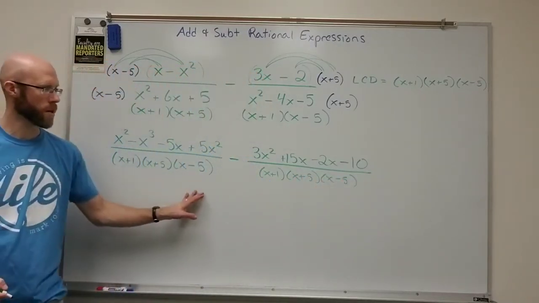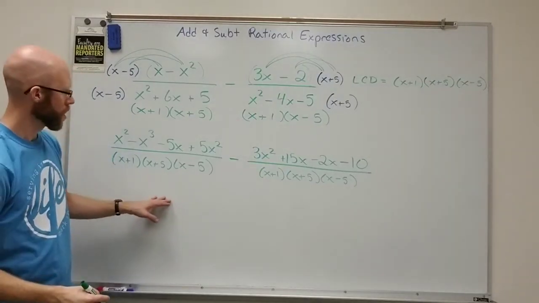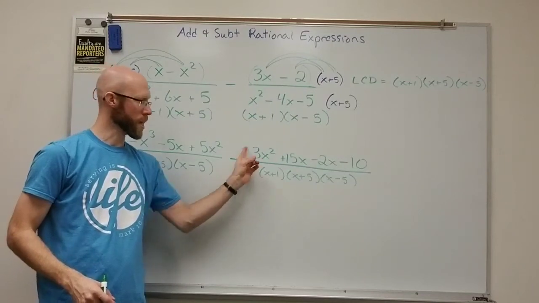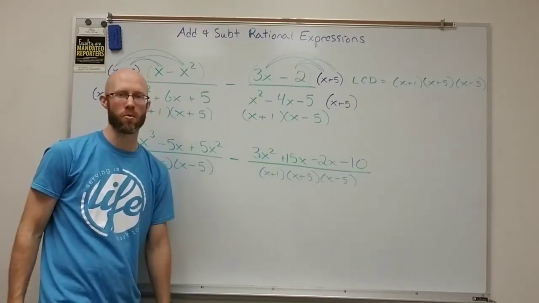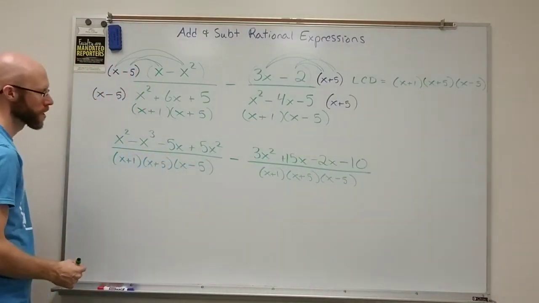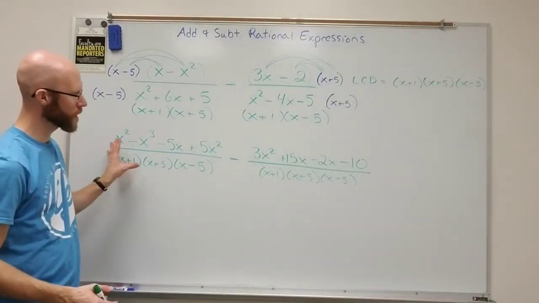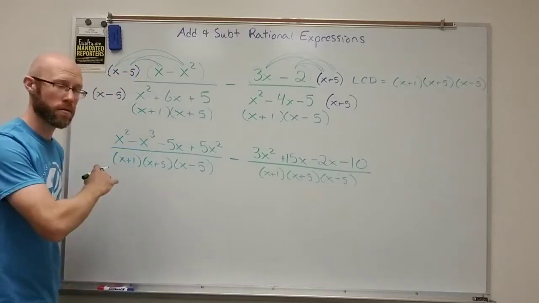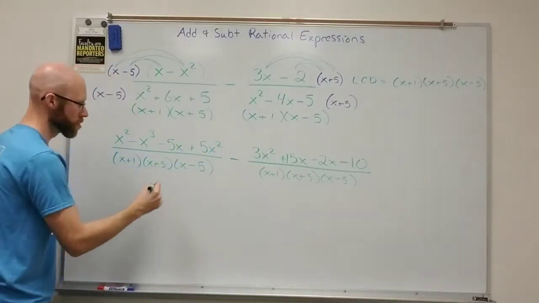All right, so now at this point, I can combine my like terms, but remember, we're subtracting, so that subtraction has to distribute through to every term on the right. I'm going to go ahead and rewrite this out just as one big fraction, where I write all the terms from the numerators together.